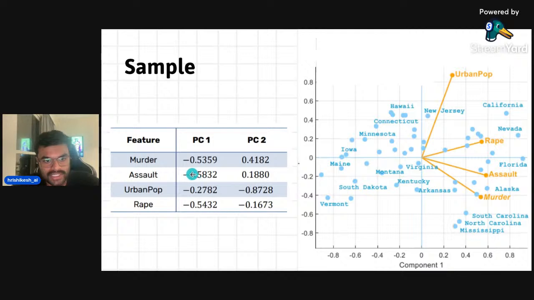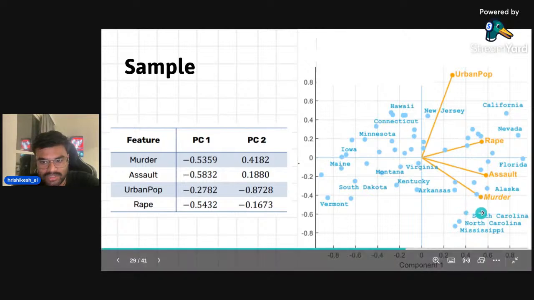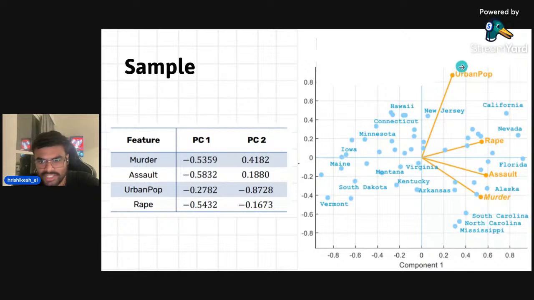For murder, you can see around 0.4, which means nearby Alaska and South Carolina there are more murder cases, and the urban population goes towards New Jersey and that location.